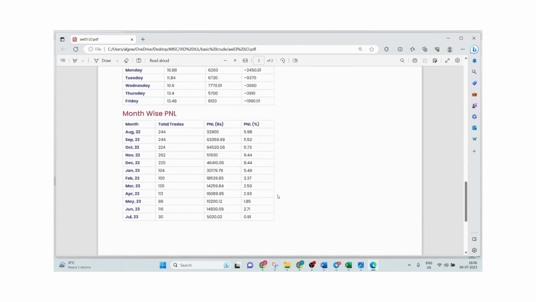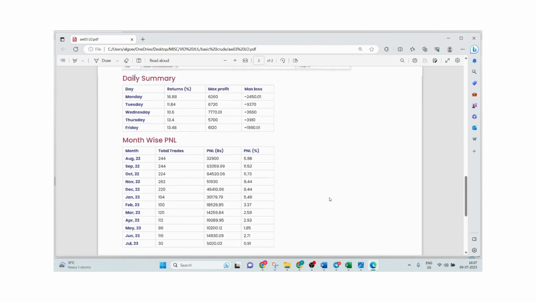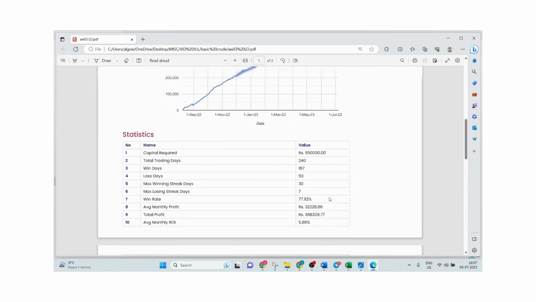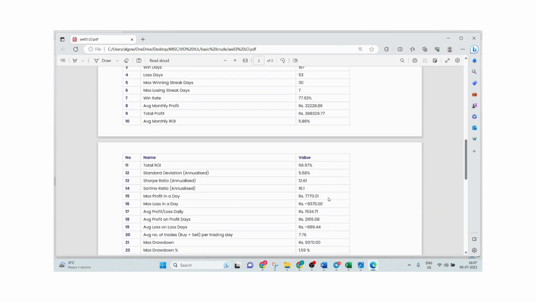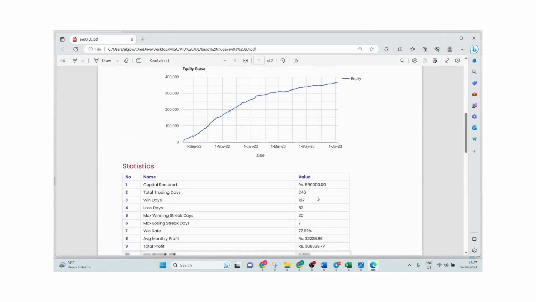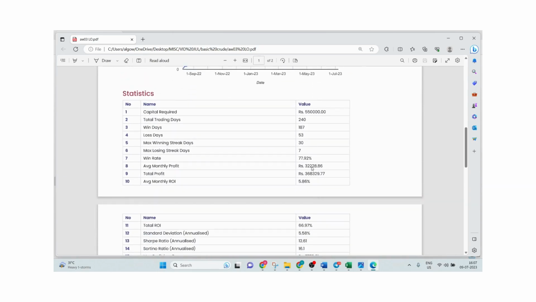Now you will see none of the months has been negative, and some of the months have shown ridiculously high profit also, 64,000, 63,000, 46,000. And if you see, on average, the profit is 32,000. 77.92% is the win ratio.